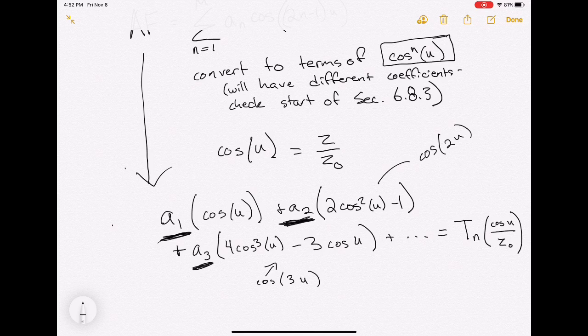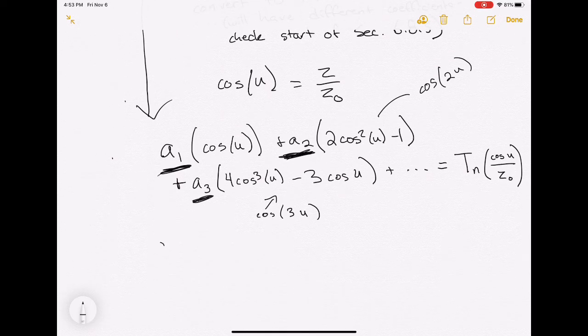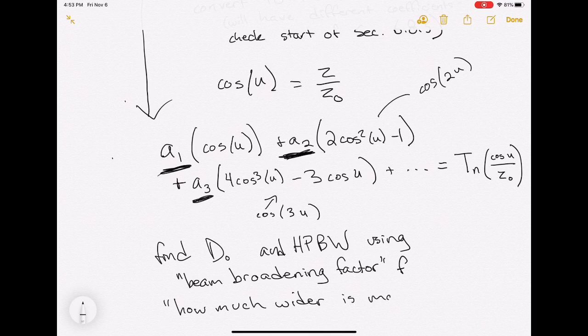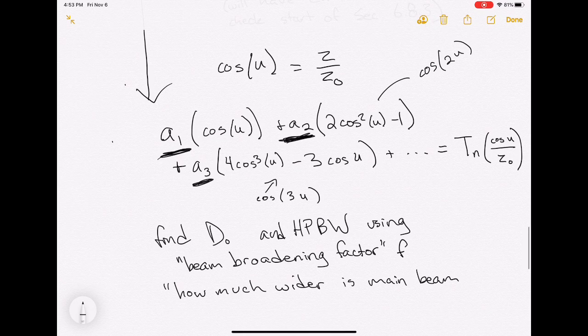After you have done that, you can figure out the directivity and the half-power beam width using the beam broadening factor, which is a measure of how much wider the main beam is than a uniform linear array with the same spacing and element numbers.